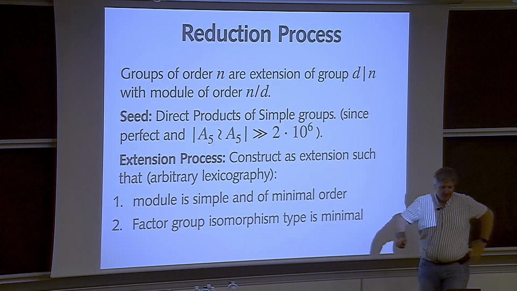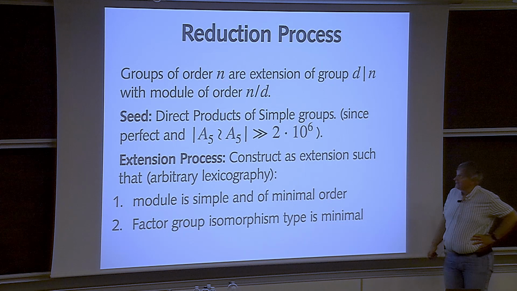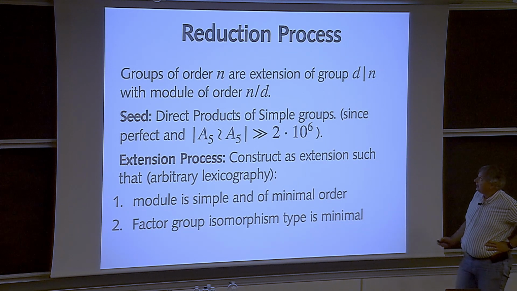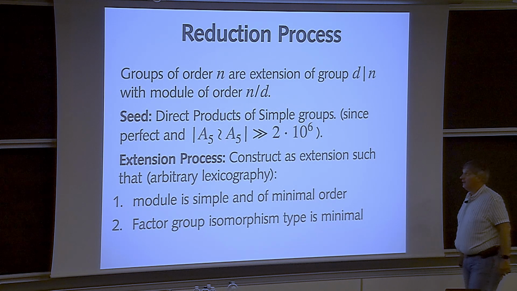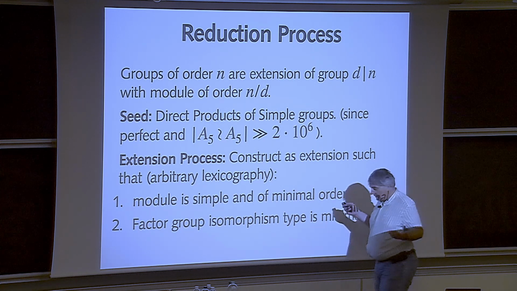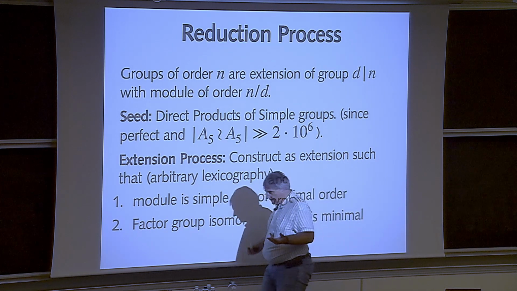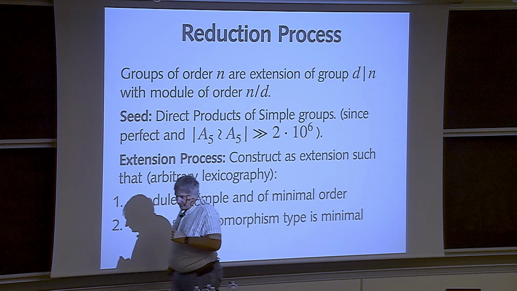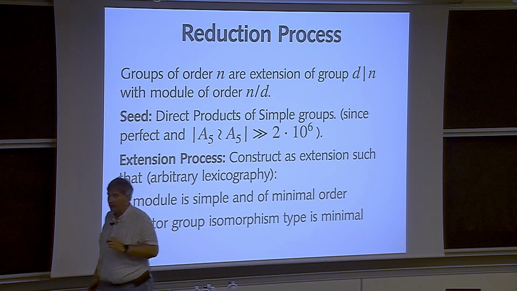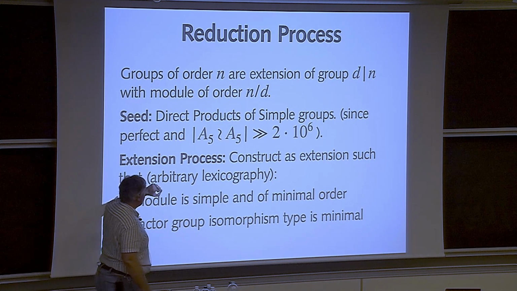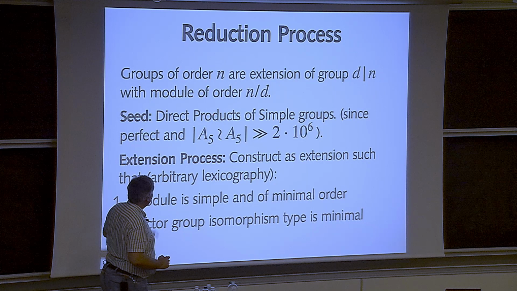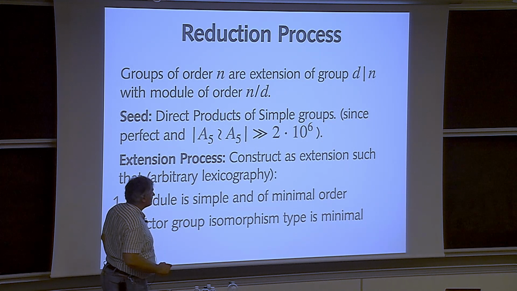So, how do we do this? What's the reduction process I'm using? Groups of order n are extensions of groups of a smaller order with a module of the quotient of the orders. My seed would be the radical factors because I want perfect groups and I'm limiting the order to 2 million. The perfect groups of these orders can only be direct products of simple groups.